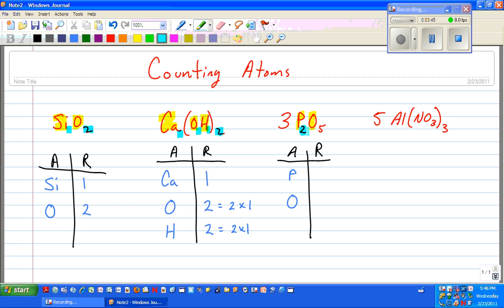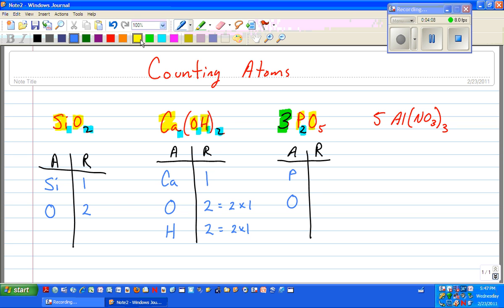So now what I would do is count, and again I'm going to identify how many I have with my subscript, but this time, instead of another subscript outside of the parentheses, I've got a coefficient out in front. The coefficient is going to work the same way as that subscript outside the parentheses.